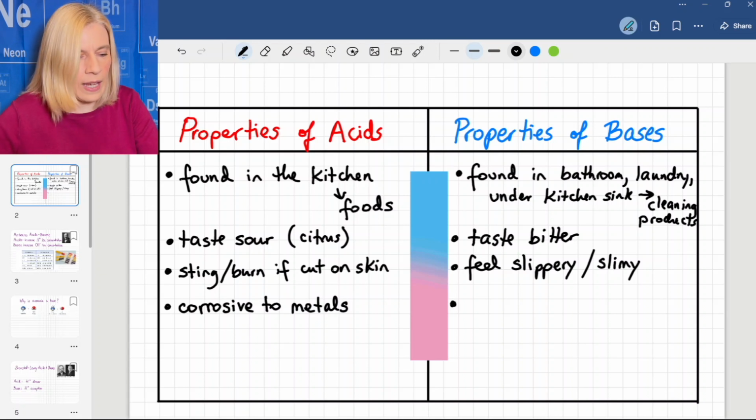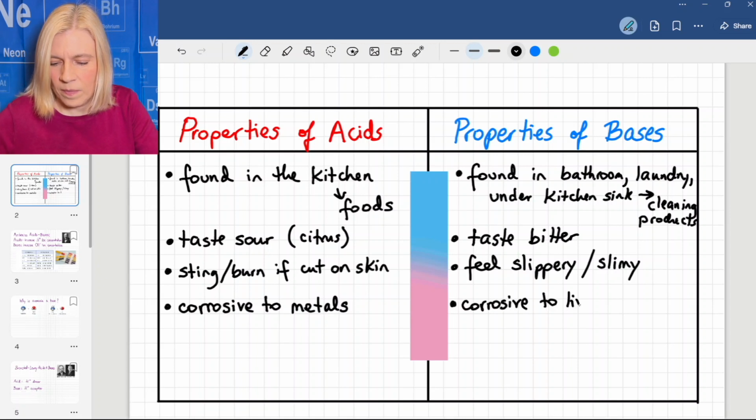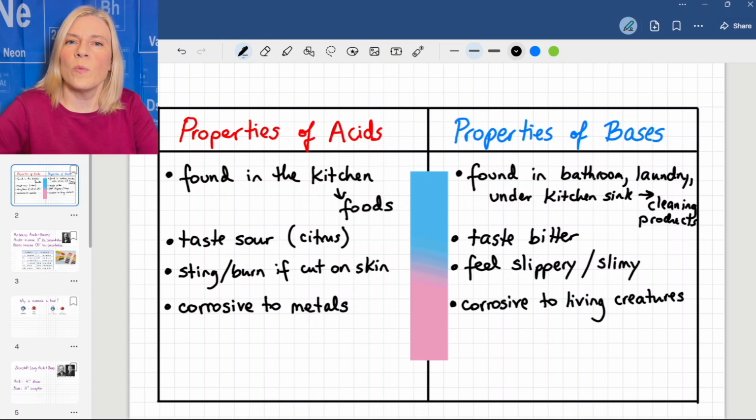Bases, on the other hand, are very corrosive to, I'm going to say, living creatures. So we have a soap, it's a base, and it kills germs. The concentration of soap on our hands is not enough to kill us based on our size, but it is enough to kill a germ based on germ size.